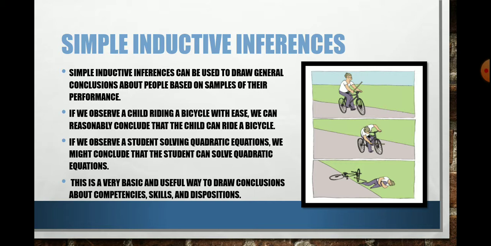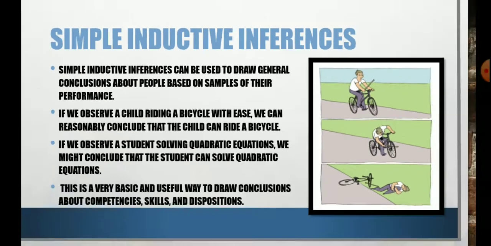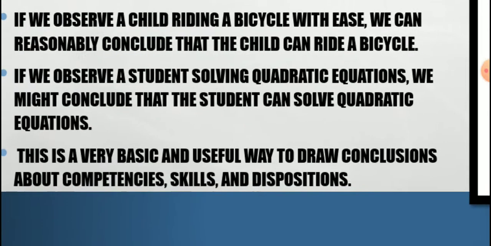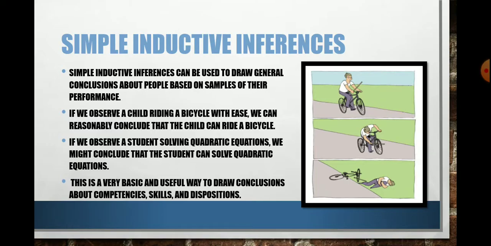So example, basing from what we have read, this one here, the first paragraph, we talk about the observable attributes as a very basic and useful way to draw conclusions about competencies, skills, and dispositions, as what you have seen here. Okay, but in that case, we can only be basing on a single sample.